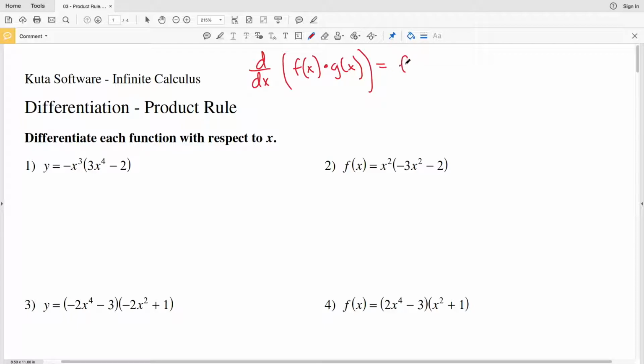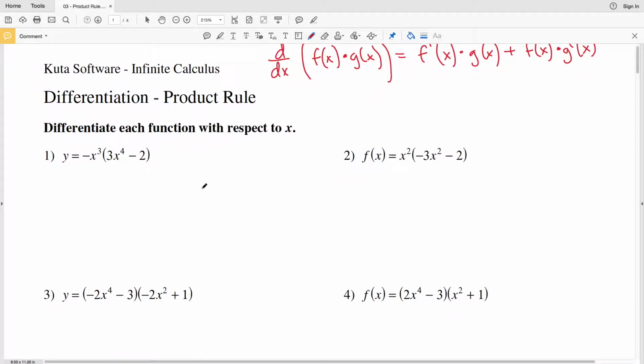We have to take the derivative of the first function, multiply it by the second function, and then add that to the first function multiplied by the derivative of the other function. So one derivative gets multiplied with the original of the other, and then the original gets multiplied with the derivative of the other. So let's look at number 1.